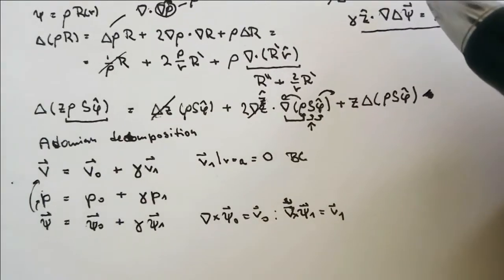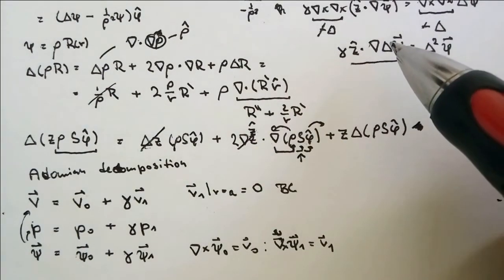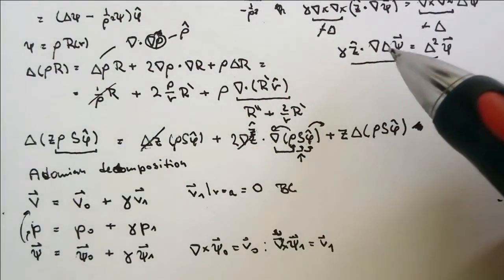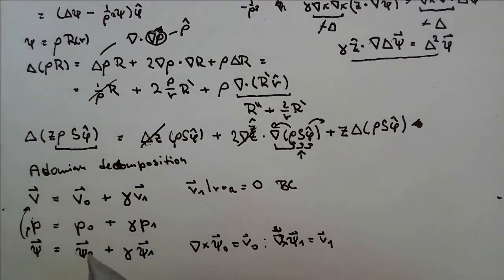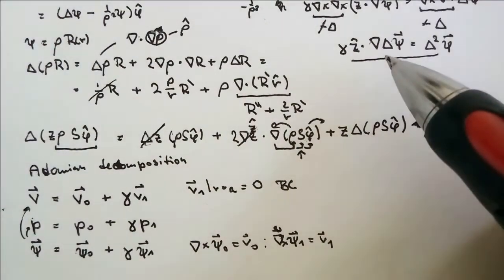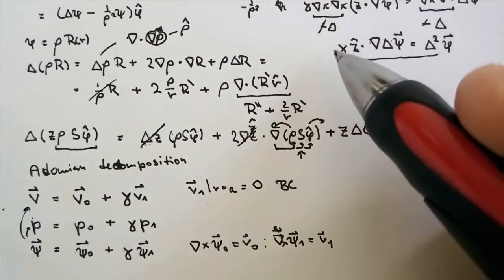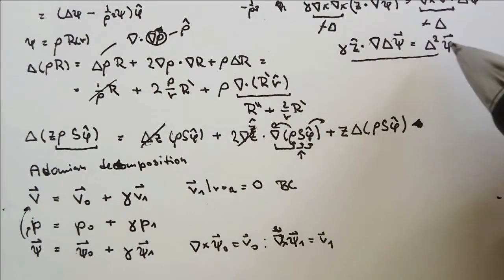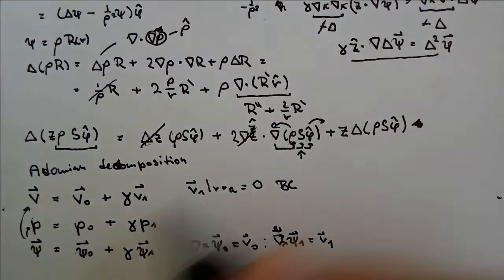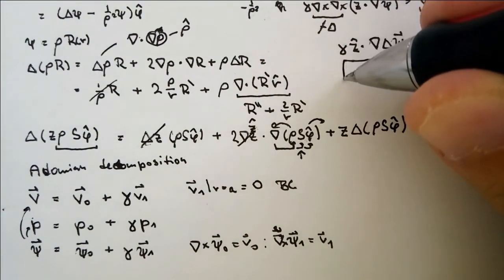And clearly, if you do that and compare the terms of gamma, you will get this approximate equation. There is psi 0, plus this is linear, so this is going to be this with psi 0, plus something with gamma squared because of this, and there is the Laplacian squared of psi 0, which is 0 because it's Stokes flow, plus something of gamma times psi 1, so this will cancel out to get this equation.